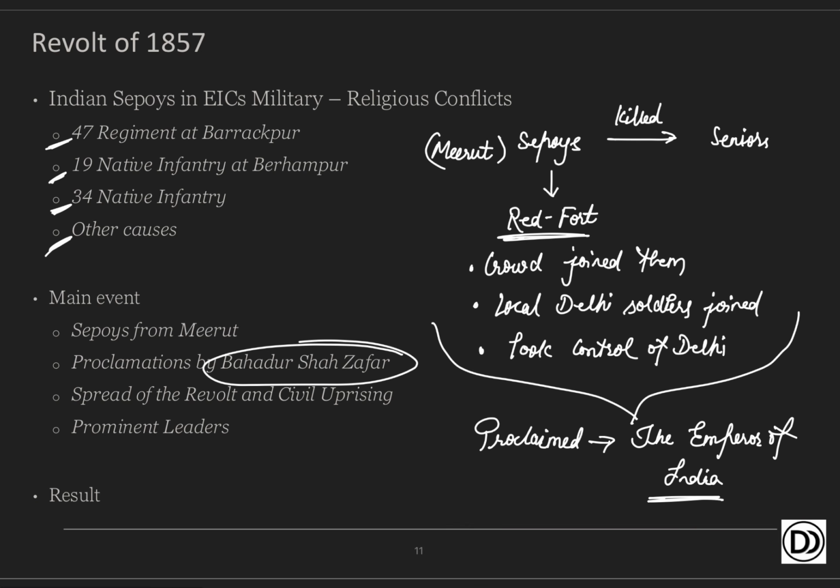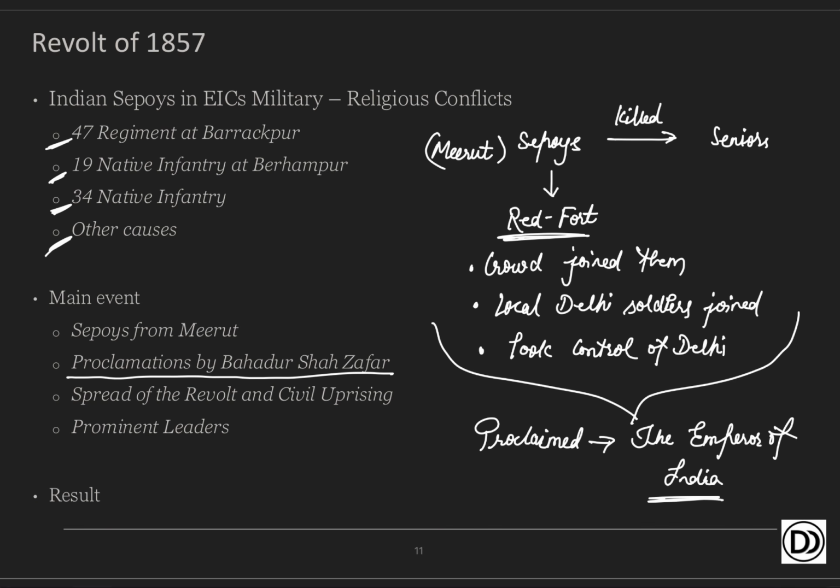Now the sepoys declared a war, but Bahadur Shah Zafar was still hesitant. But later he took command and wrote letters and proclamations. He agreed that he would lead this war and act as a king and help the sepoys win the war against the British. So he started sending proclamations and letters to different kings.